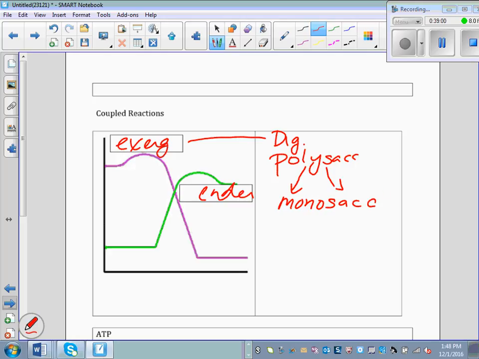What else happens there? How does that deal with water? Monosaccharides. The monosaccharides are going to be what? Your sugars. Okay, and so your monosaccharides will be used to go through cellular respiration.